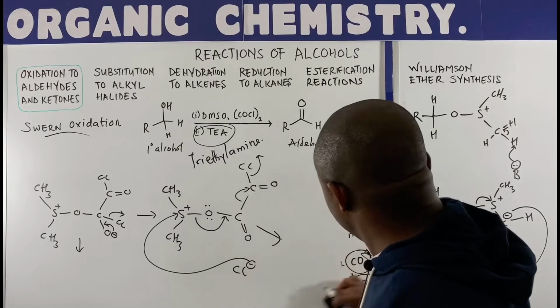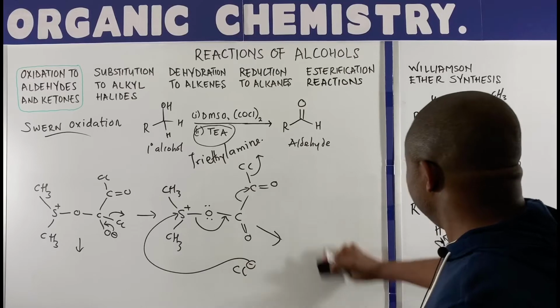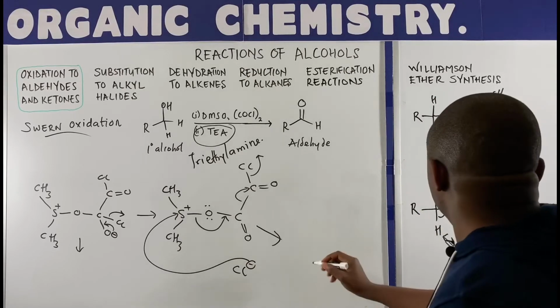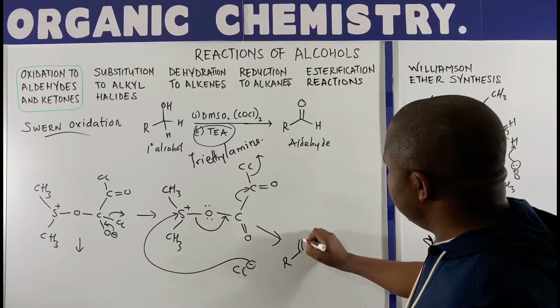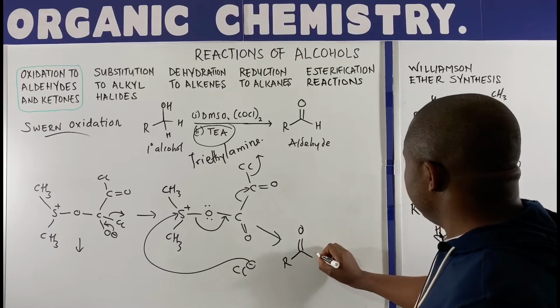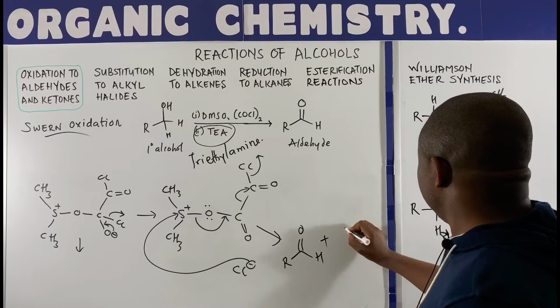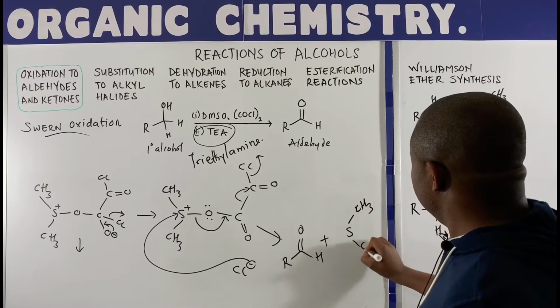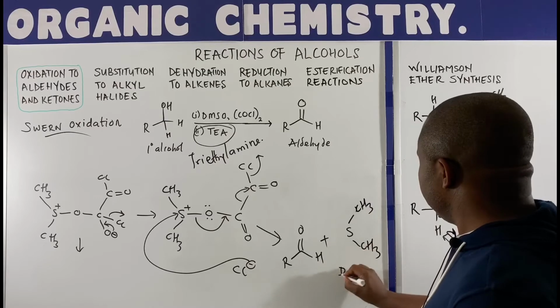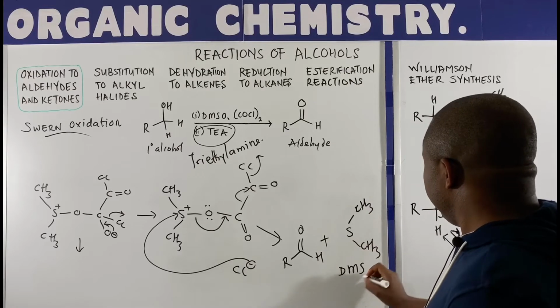Let me draw it here. So we form the halide, C double bond OH plus SCH3 CH3. So this is DMS, dimethyl sulfide.